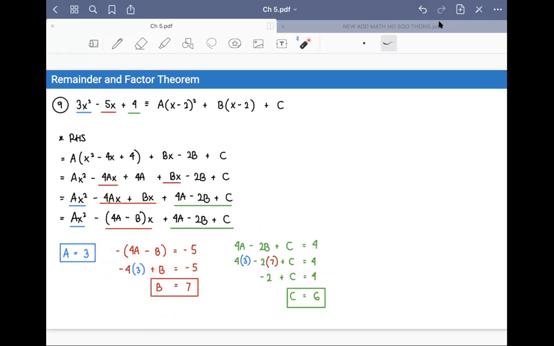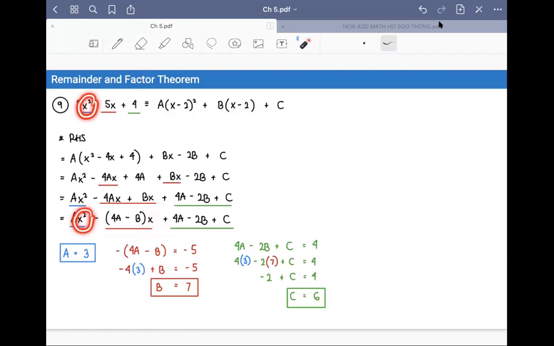Okay, so the steps are clear, class. You need to evaluate the other side, which has a, b, and c. Evaluate and then simplify until here, until you factorize the coefficient of each. And then once you have reached here, you compare the coefficients of each term. For example, again, x squared is compared to x squared.